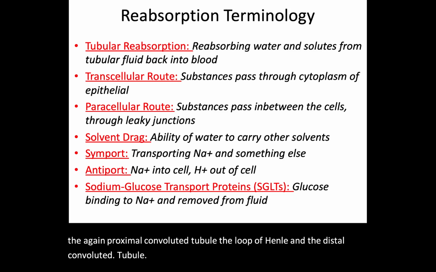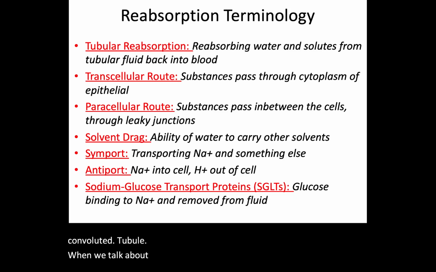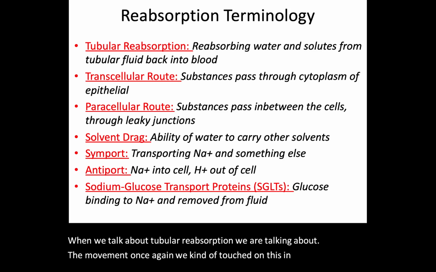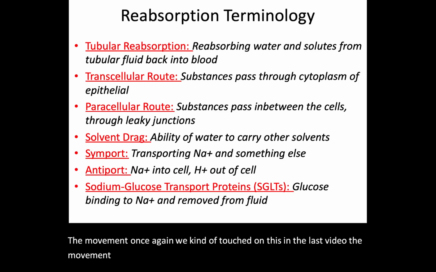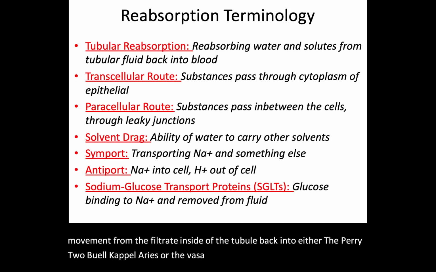When we talk about tubular reabsorption, we are talking about the movement, once again, we kind of touched on this in the last video, the movement from the filtrate inside of the tubule back into either the peritubule capillaries or the vasa recta down around the loop of Henle.